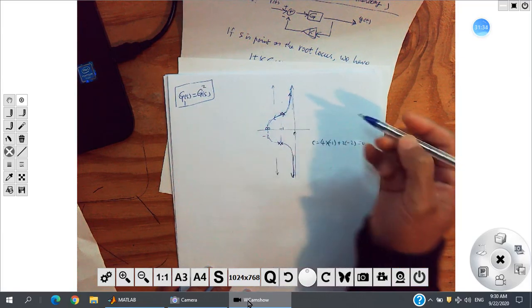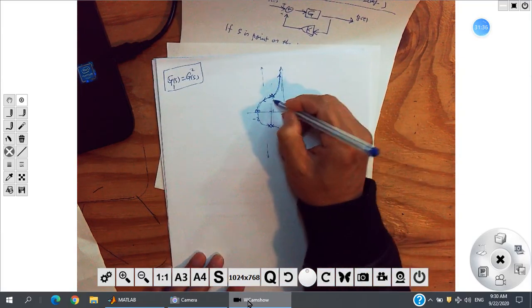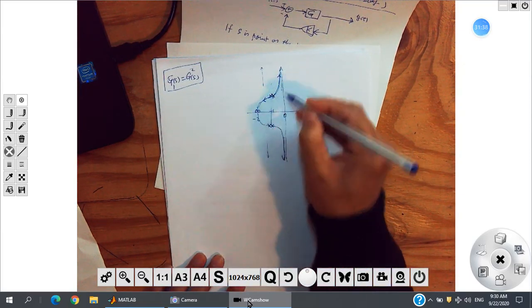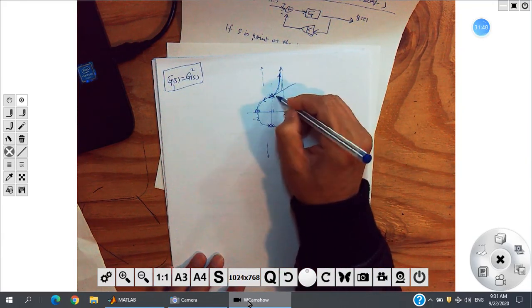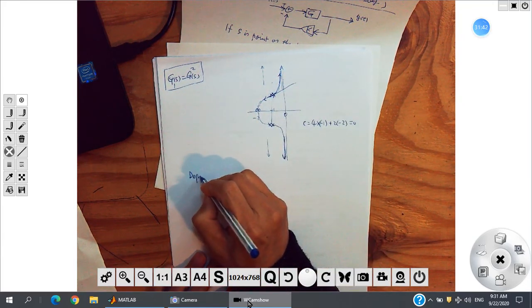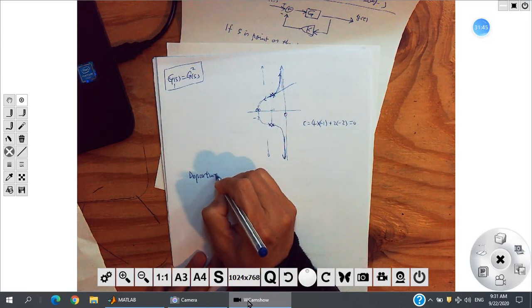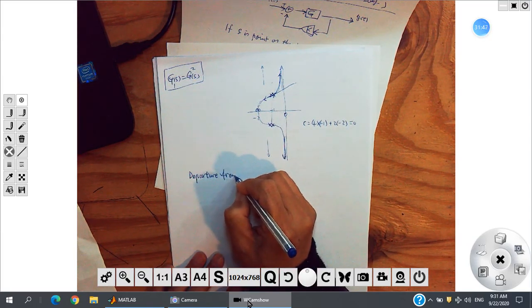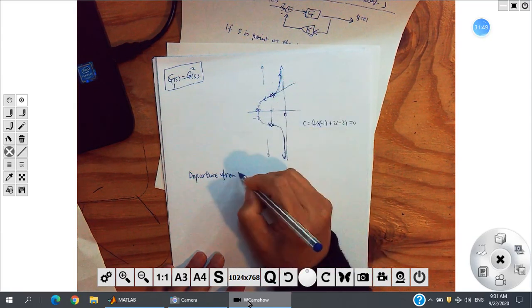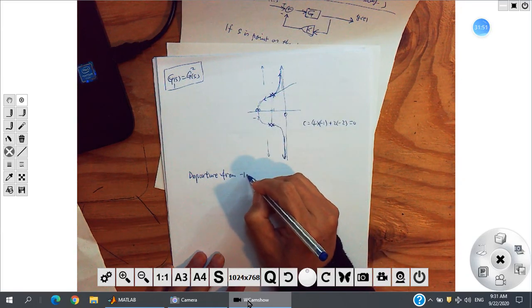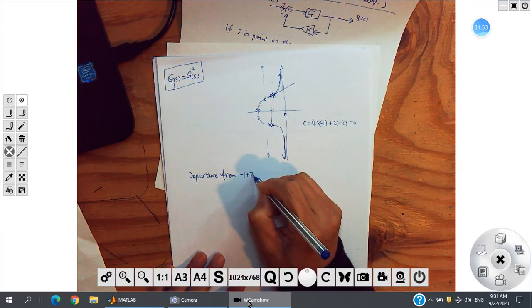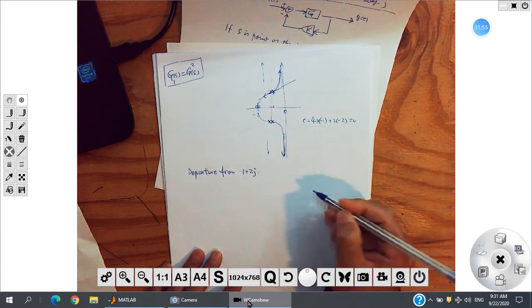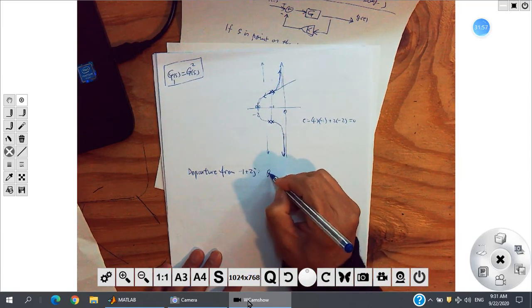You can calculate it similarly. Say this is the departure from -1 plus 2j, and that is theta.